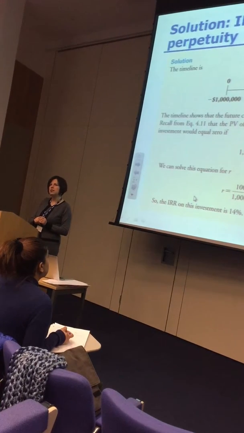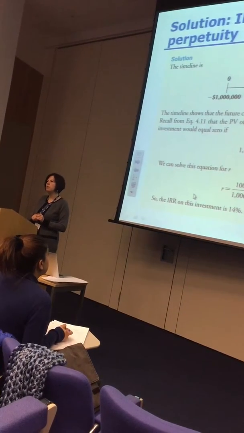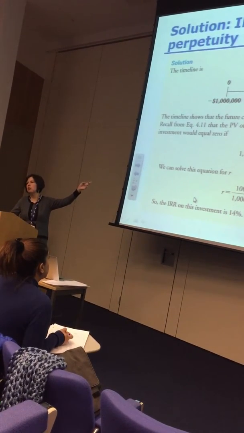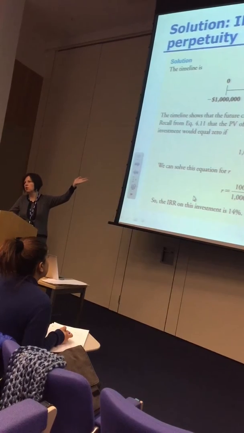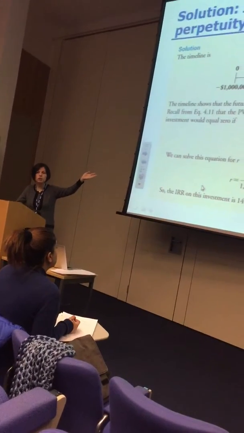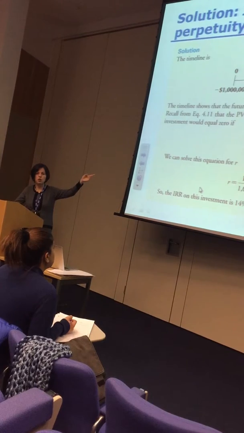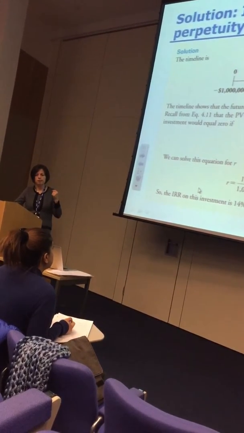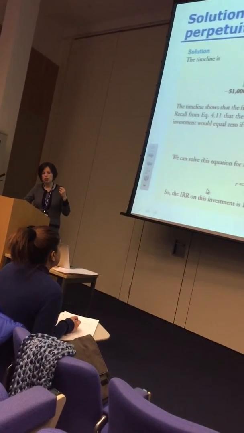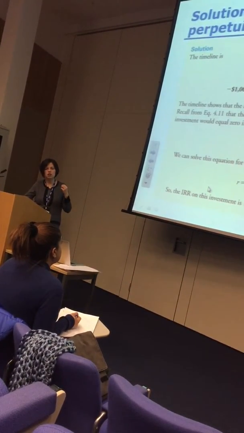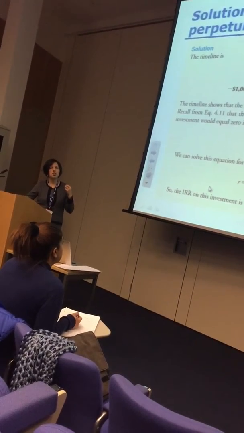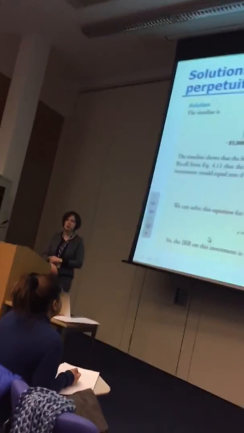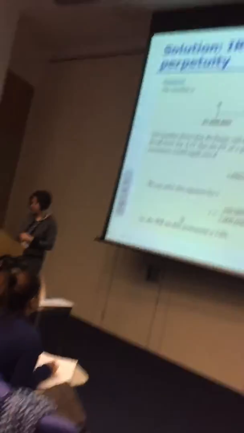Or, as I've said, that's the rate which sets the NPV to 0. Because if you subtract that from the other side of the equation, you will get 0, right? So that's when your cash inflows equal your cash outflows, and you are solving for the interest rate that will do just that. So you've solved it, and the result is that you will get 14% on this investment. If you're offered to put money in the bank at 3%, then you know you should take it.